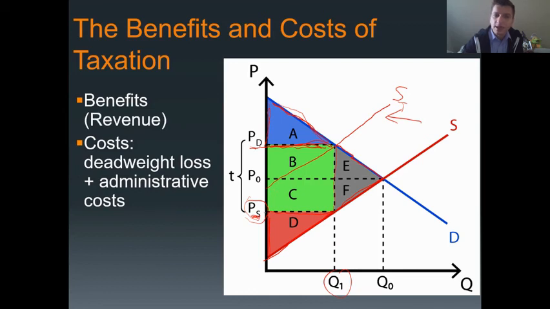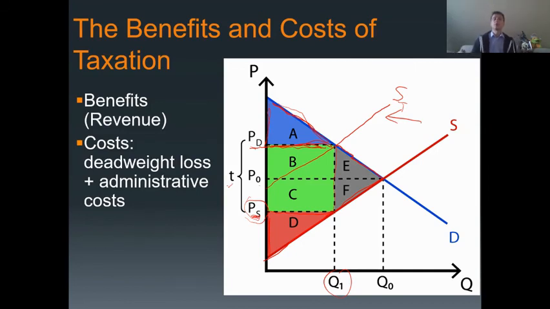If we want to know the amount of the tax, it's PD minus PS. That is our tax. If we want to figure out per unit what the tax incidence is on consumers, it's PD minus P0. If we want to find that out on producers, it's P0 minus PS.